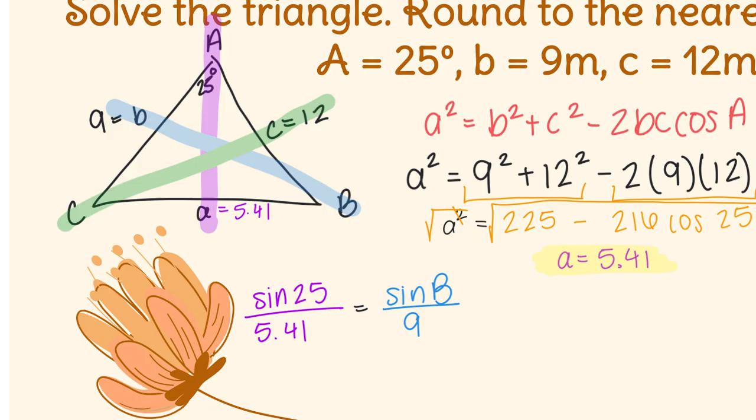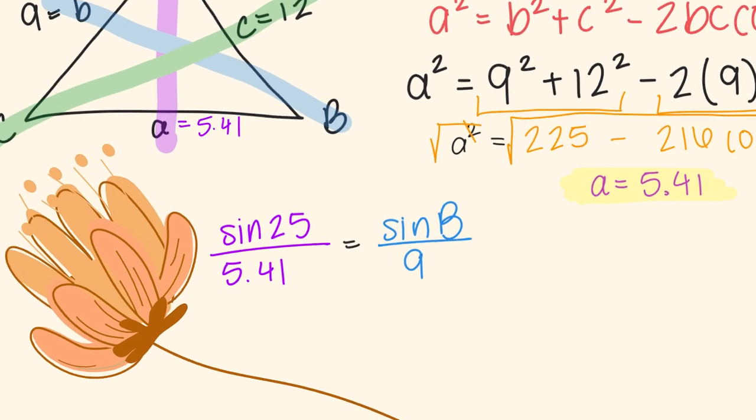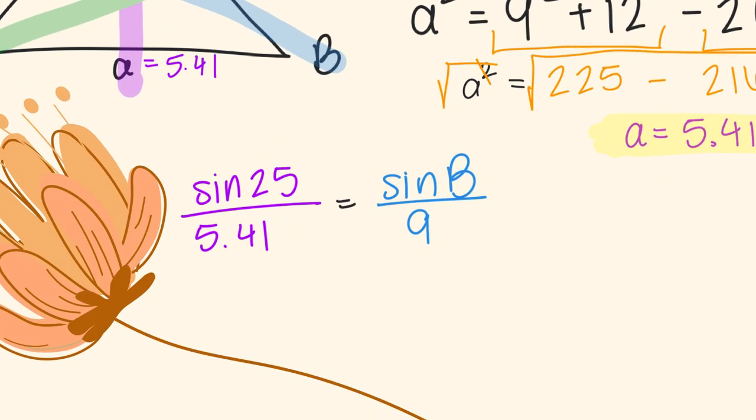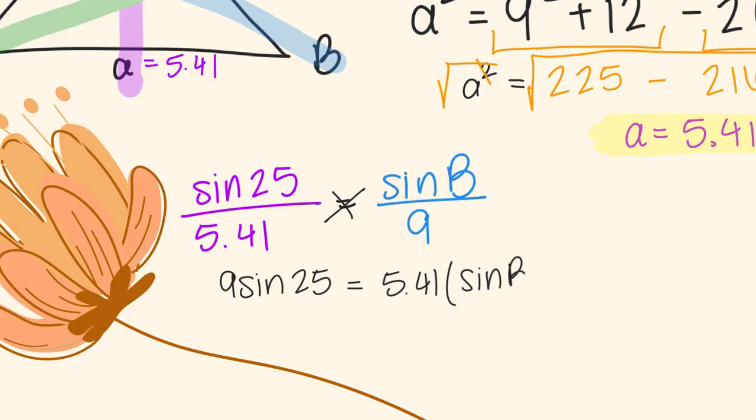And then same thing as we've been doing, cross multiply and solve for B. So cross multiplying, I'm going to get 9 times sine 25 equals 5.41 times sine B. Trying to get that B by itself, I'm going to divide by 5.41 to both sides.